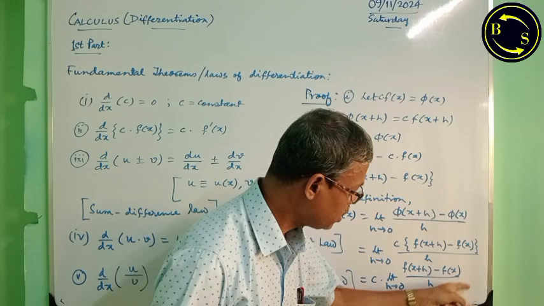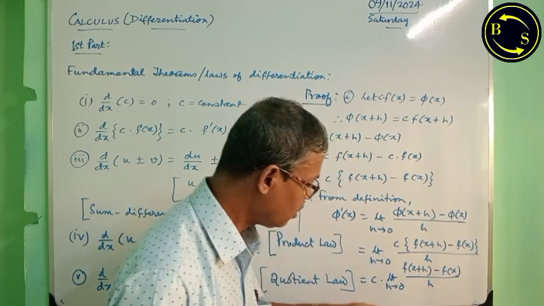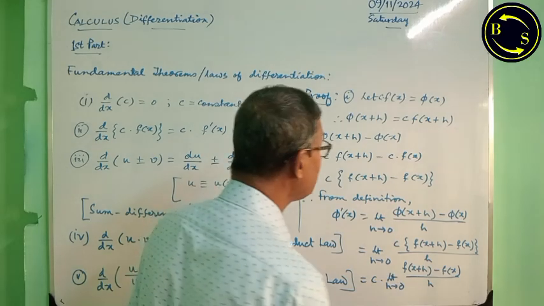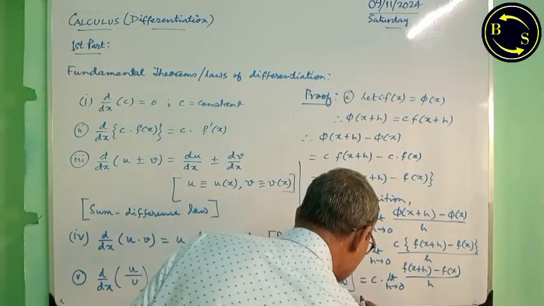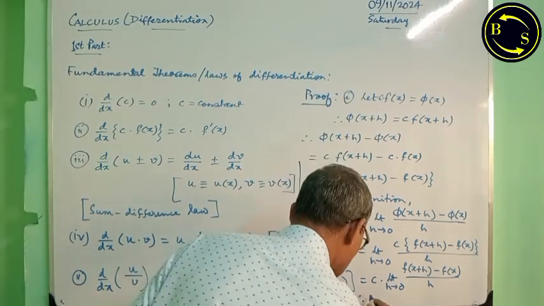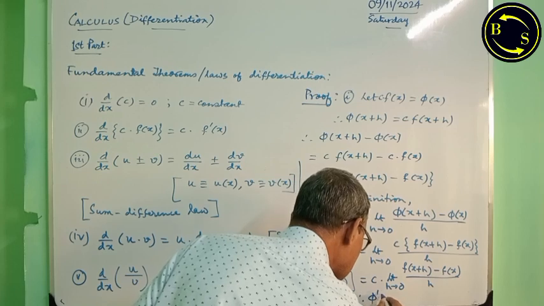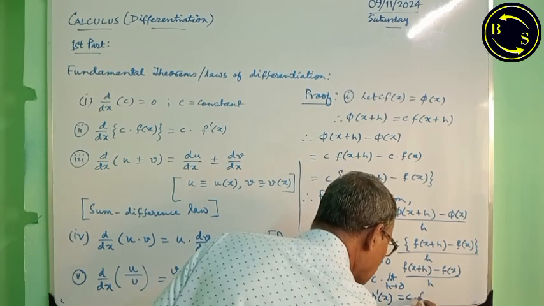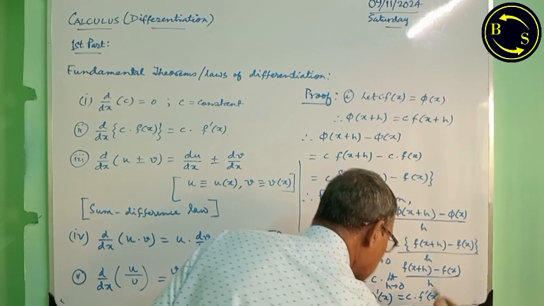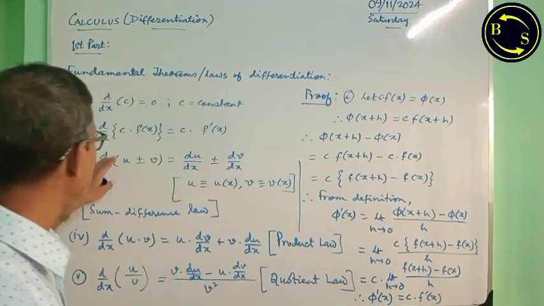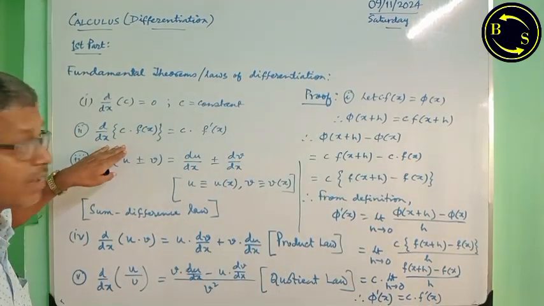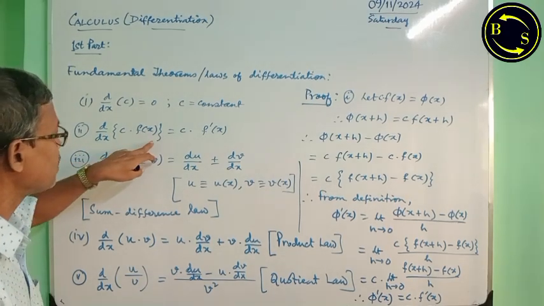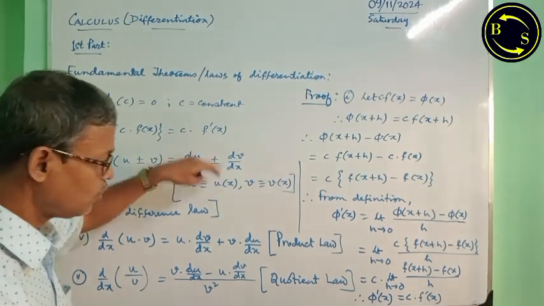Now this is the formula of f'(x). Therefore finally phi'(x) is equal to c into f'(x). Therefore we have deduced d/dx of c f(x) equal to c into f'(x).